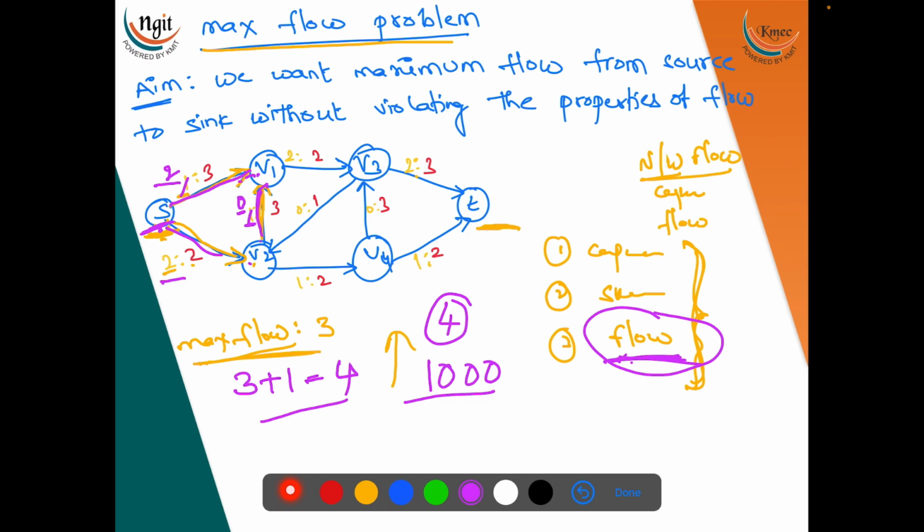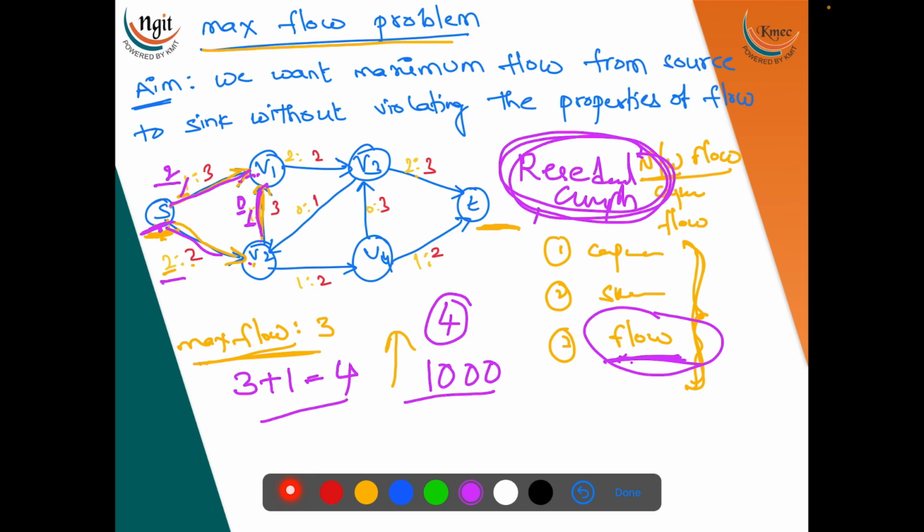So I need another technique to know how the maximum flow can be increased, and that is the residual graph. What do you mean by the residual graph? It is the graph which tells how the maximum flow value can be increased.